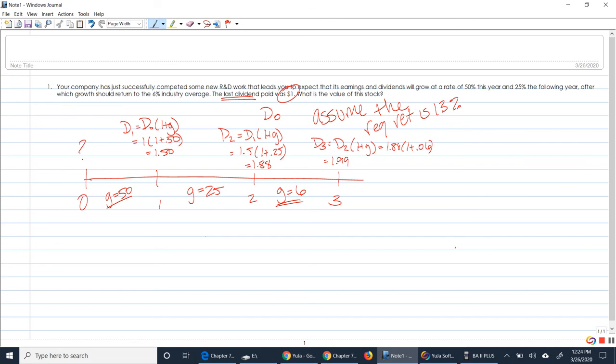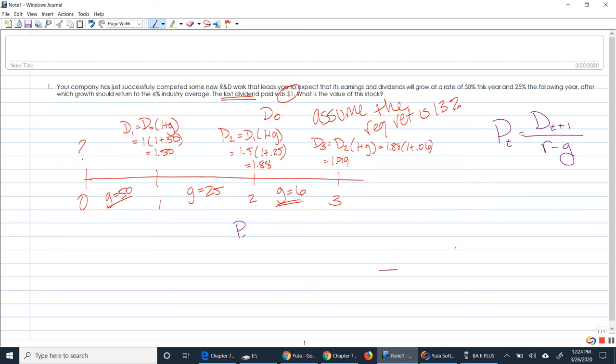Once we have calculated our dividends, we move on to step 2, which is to use the Gordon model. The Gordon model says that once dividends start growing at a constant rate, then we can find the present value of those future dividends, which says that the price today is equal to the next dividend payable divided by the required return minus the growth rate.